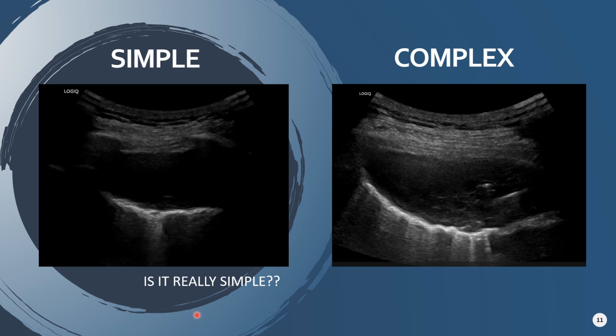So this is actually the same patient on the same day, looking through the same window. However, this image has been optimized better in terms of a slightly higher overall gain and slightly lower depth, you can see there.